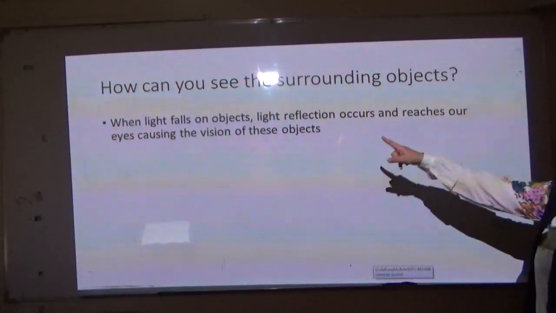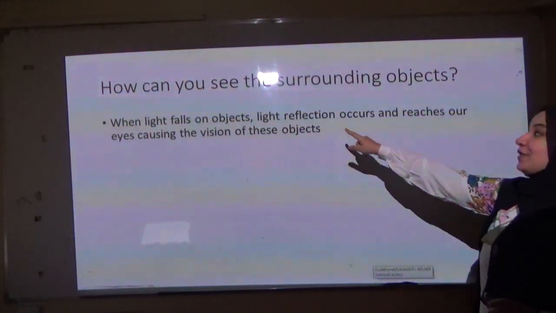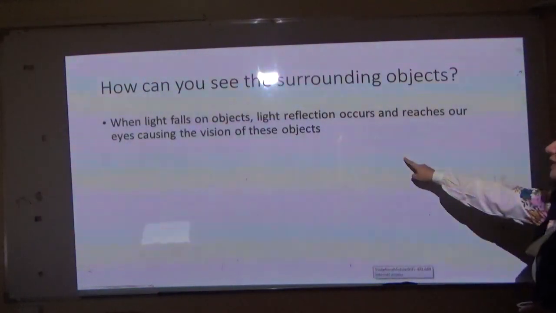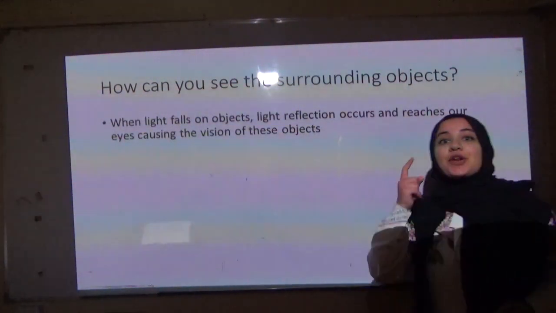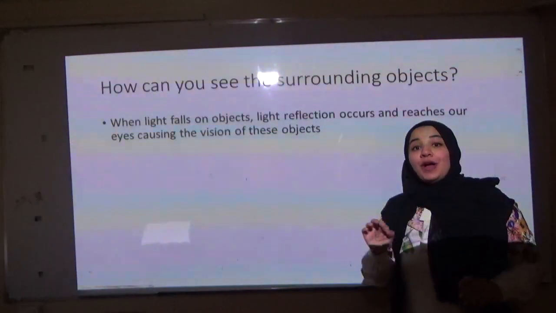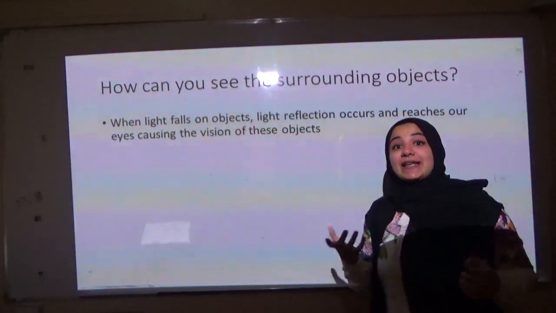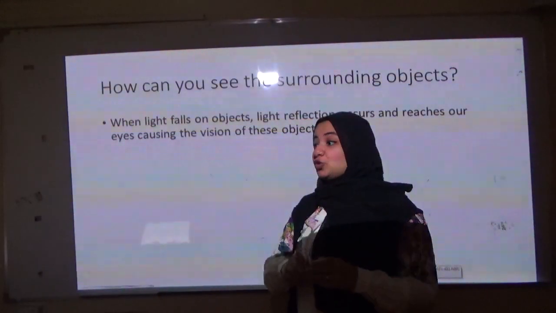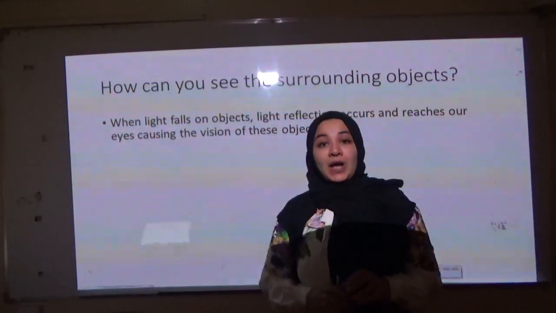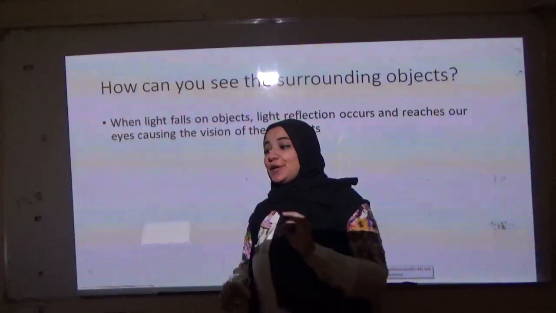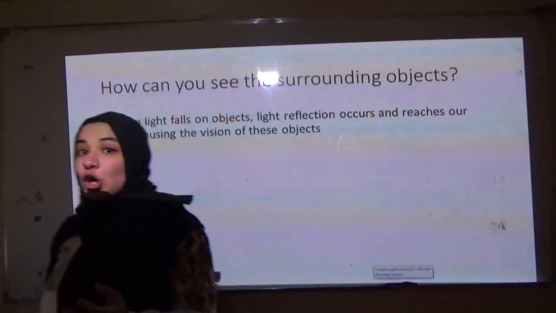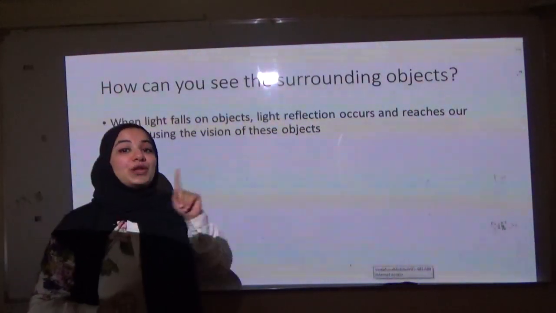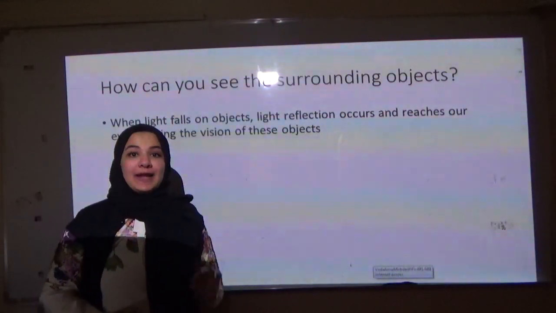Because light falls on the object and then light reflection occurs and reaches our eyes. So this is why I can see in a room that has light, but when I darken the room and turn off the light, you cannot see any object. Why? Because there is no light reflection.